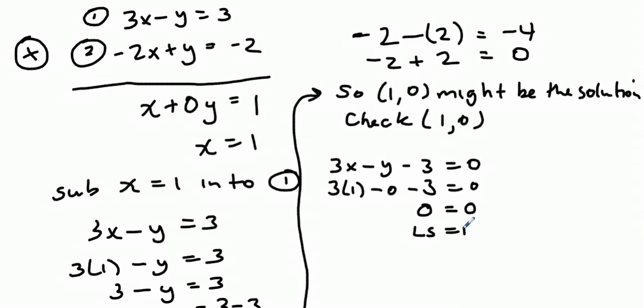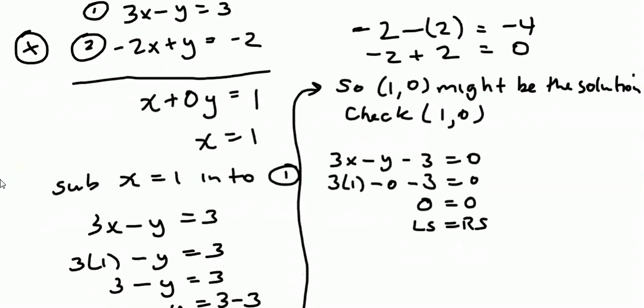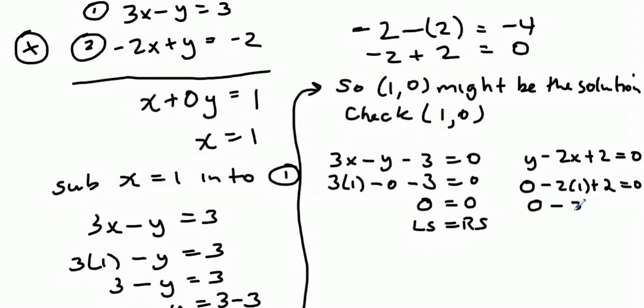And left side equals right side. And if I repeat with the other original, y minus 2x plus 2 equals 0, then when I sub in 0 for y and 1 for x, I get 0 minus 2 plus 2 equals 0, and 0 equals 0. So left side equals right side.